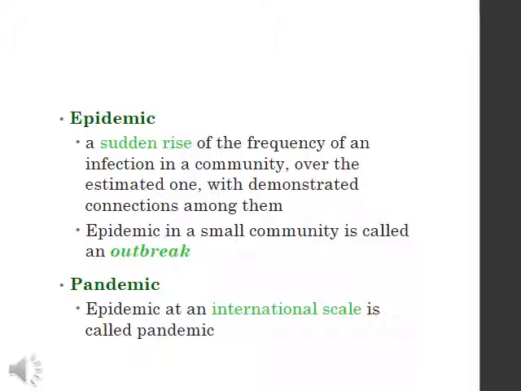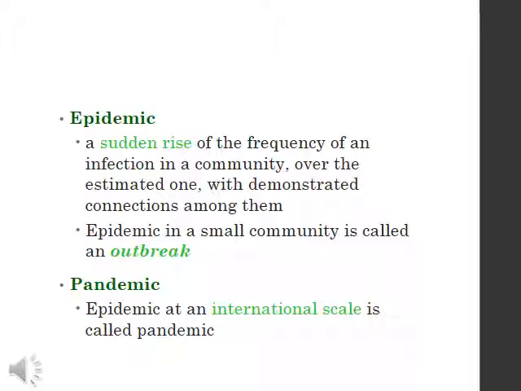Okay, so another important and very common term nowadays, we are using pandemic of COVID-19, or pandemic of corona infection. So what is a pandemic? Epidemic at an international scale. In simple wording, an outbreak is smaller than an epidemic, and an epidemic is smaller than a pandemic, and pandemic is the largest term.